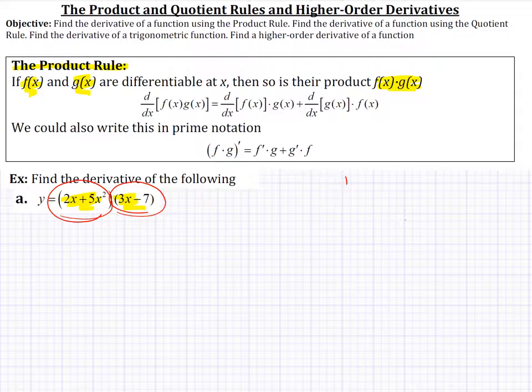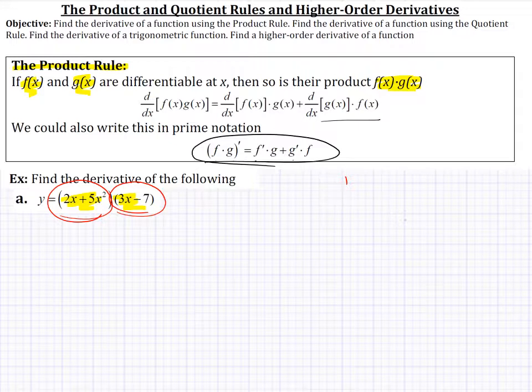Another way to think about it is by using prime notation. It's just the same thing, just a simpler way to write down what this is saying. So if it's f times g, the derivative is f prime times g plus g prime times f. First function's derivative times the second plus the second function's derivative times the first.